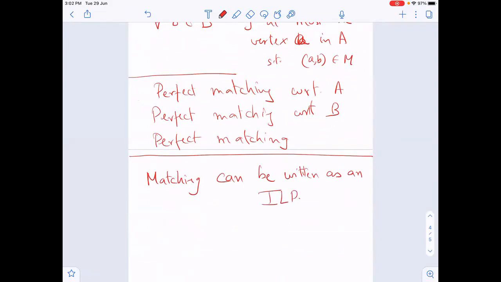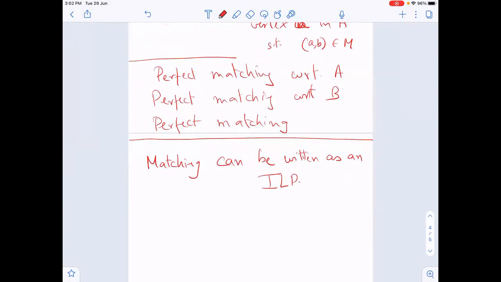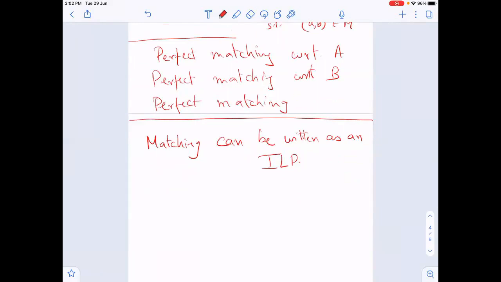Of course, you can use ILP solvers to solve the matching, but ILP is not polynomial time. So that's a problem. But in this class, let me look at how we can solve this matching, and also what is called an integer flow, in polynomial time.